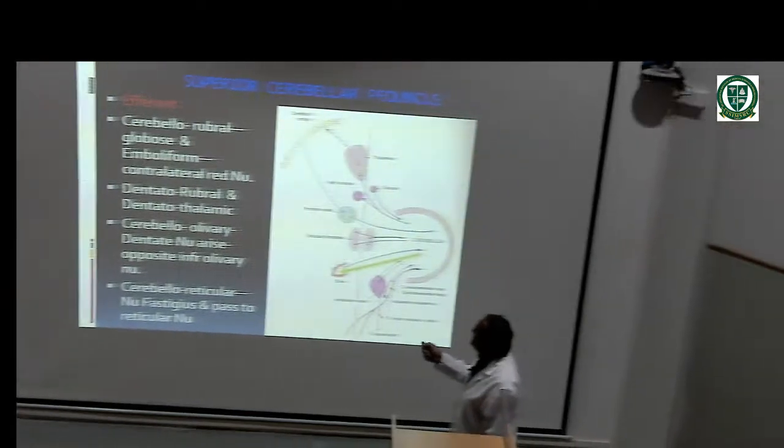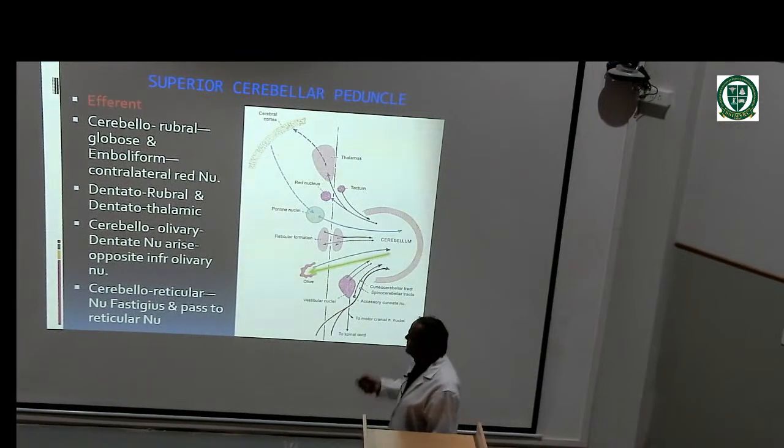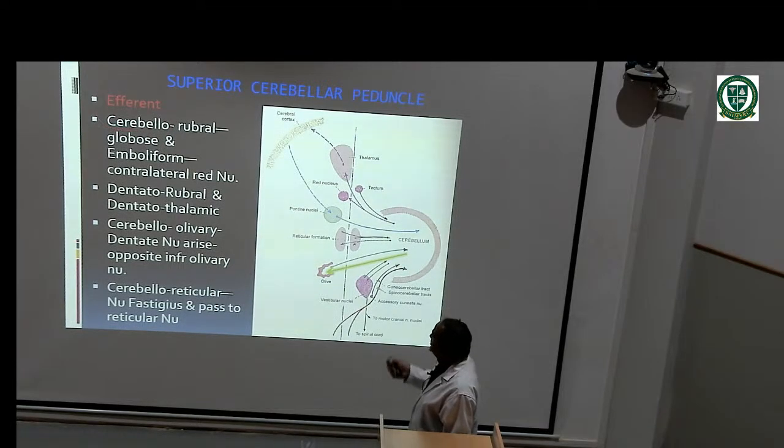Efferent fibers of the superior cerebellar peduncle. Sorry. Efferent fibers of the superior cerebellar peduncle. So these are the efferent fibers. They arise from one of the nuclei of the cerebellum, and they will go to different parts of the central nervous system. What are these? Cerebello-rubral fibers, from the cerebellum to the red nucleus.